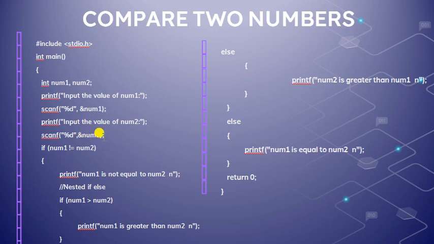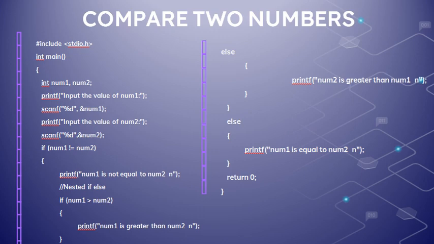So we are entering the second number. Then we will check num1 not equal to num2. If they are not equal, then printing like that. Then again check if num1 is greater than num2, then print num1 is greater than num2, else num2 is greater than num1.